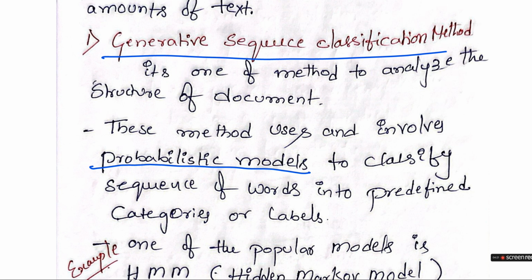These probabilistic models are used to classify the sequence of words into predefined categories or predefined labels. Okay, so once again I am repeating, this generative sequence classification method is used to calculate and get the accurate sentence boundary or topic boundary. It uses probabilistic models for classifying the sequence of the words.